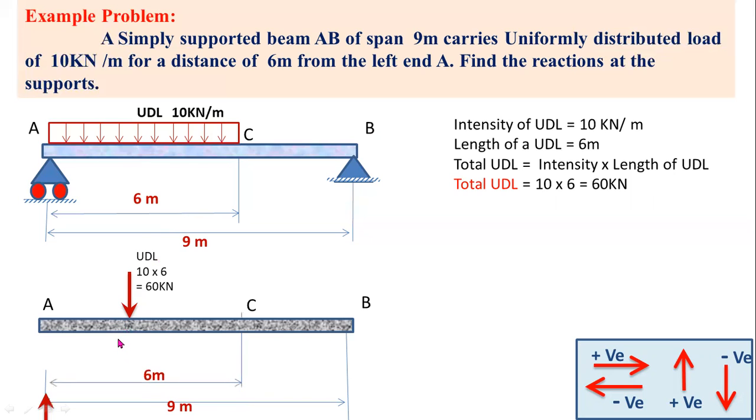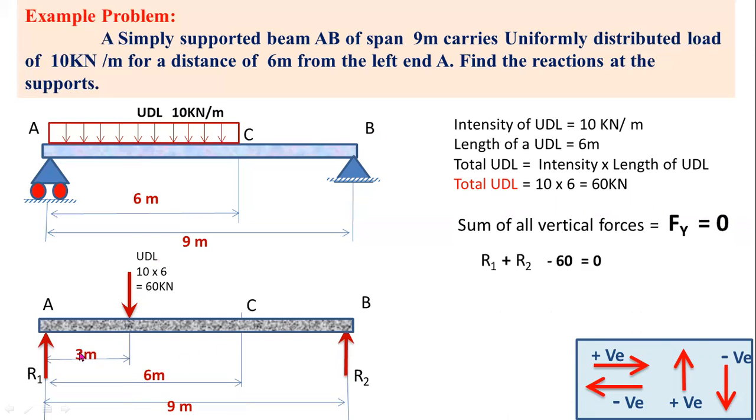You have to consider half of the distance. So here this point load acts at a distance of 3 meters from the end A, that is half of the length of the UDL.